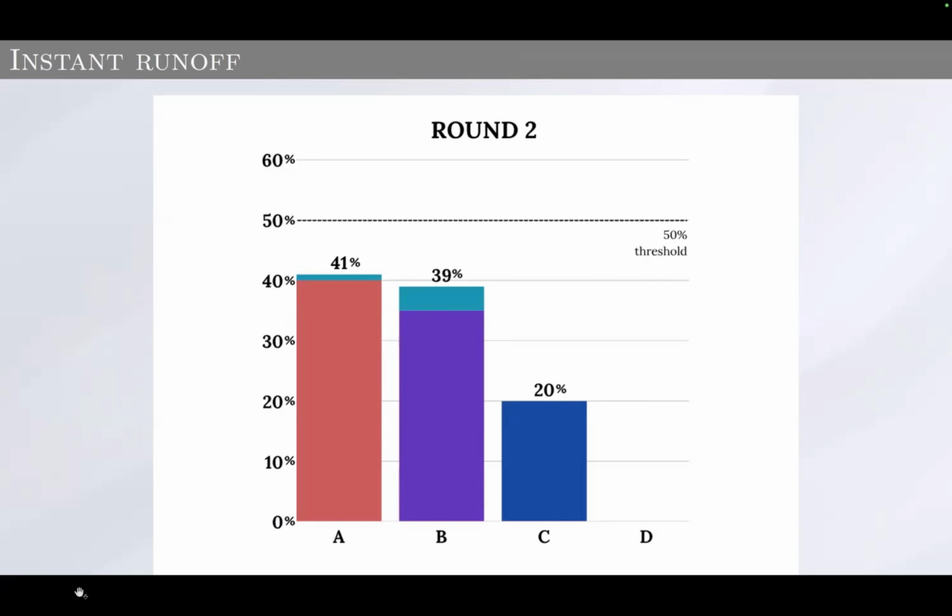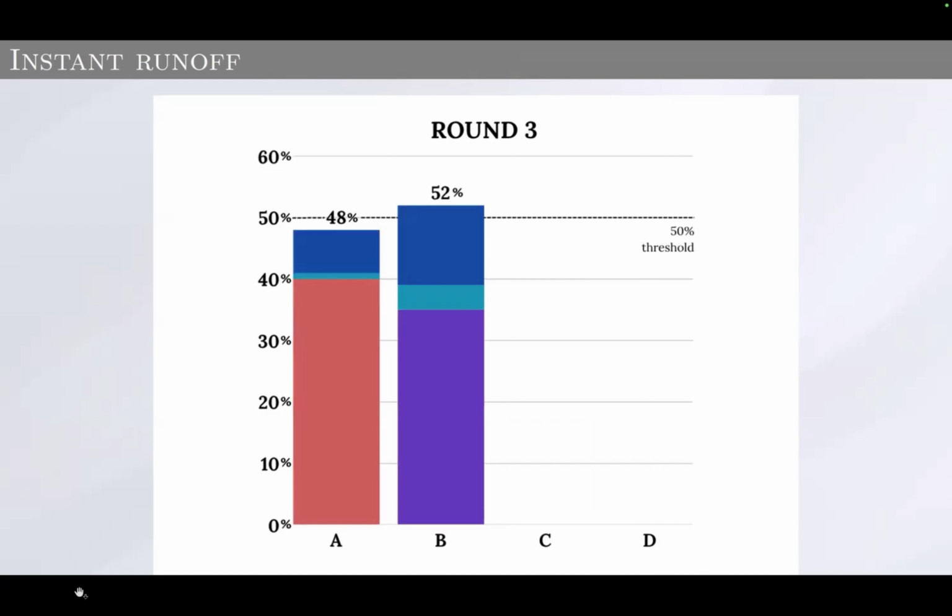Nobody has 50% yet, so you do this again, and now you are eliminating candidate C because now they have the least number of first place votes, and maybe something like this happens. Maybe more of those C voters have B as the second choice. So B now gets those votes, and they cross the 50% threshold, and they are the winner.